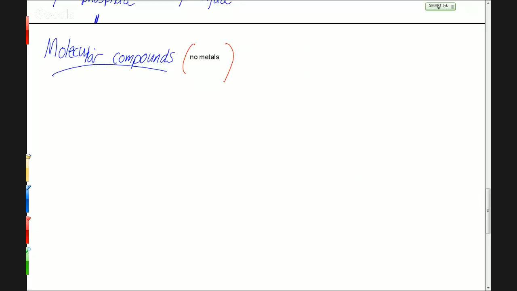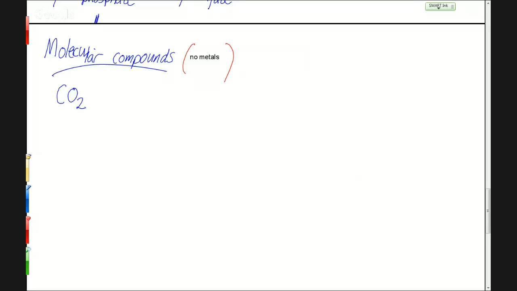Right. All the ionic compounds had a metal and a nonmetal, with the exception of ammonium compounds. Molecular compounds are the compounds that have no metals. So we're talking about things like, and you know some of these, CO2. Carbon and oxygen are both nonmetals. So this is not an ionic compound, this is a molecular compound.